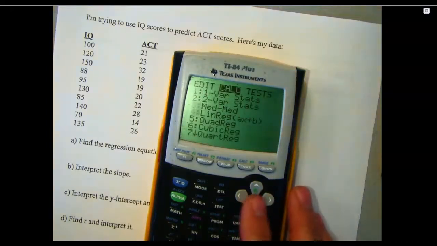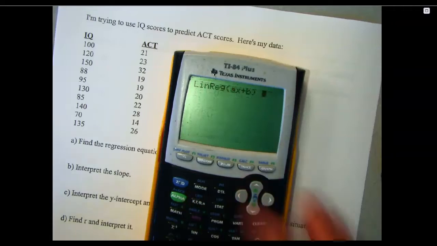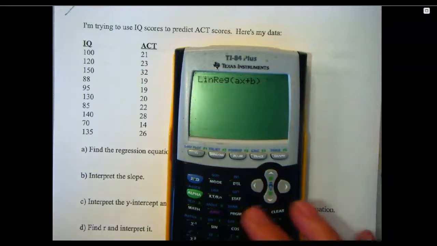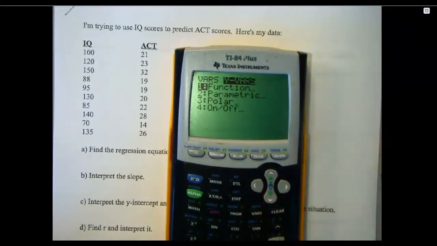Stat, calc, linear regression. Some of you have that menu. If you have the menu, you're going down to where it says store regression equation. Y variables, function, y1.